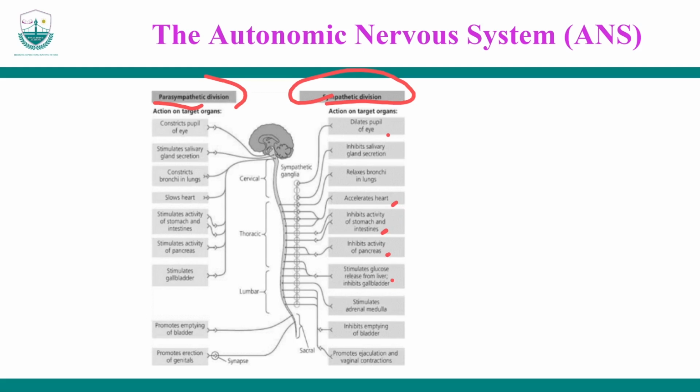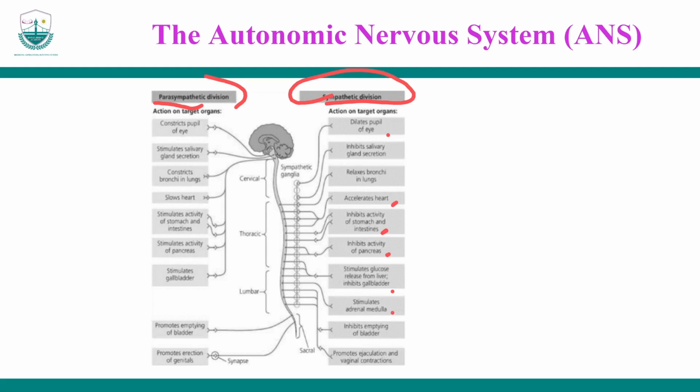But again, remember that there is also need to have glucose under these stressful conditions. So this glucose comes from the liver. At the same time you have the gallbladder being inhibited. The adrenal medulla is stimulated because remember the catecholamines are secreted by the adrenal medulla.